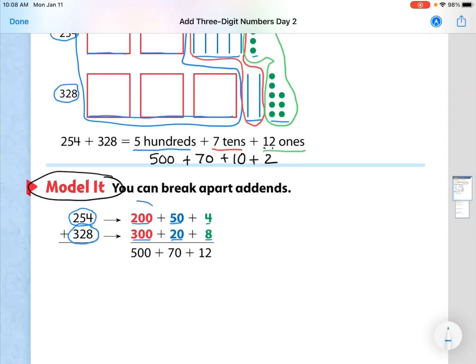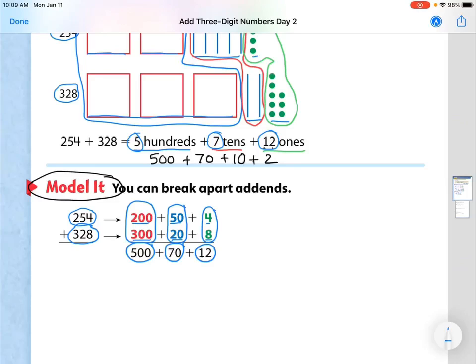And when you add the columns together, 200 plus 300 gets me 500. 50 plus 20 is 70. And 4 plus 8 is 12, right? Just the same as they had up here, except it's expanded, so it's showing the values of those numbers.